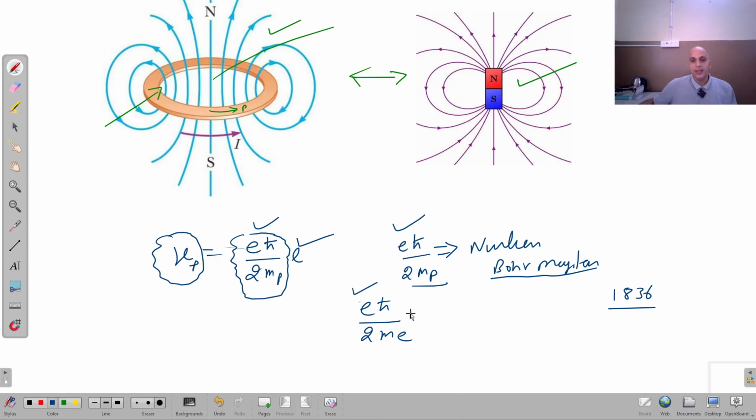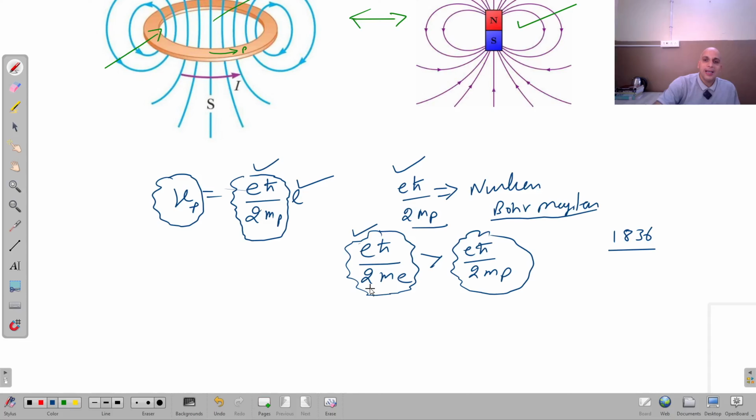We can say that this term is greater than E h cut upon 2mp. So we can calculate the values for both these constants: the electronic Bohr magneton and the nuclear Bohr magneton.